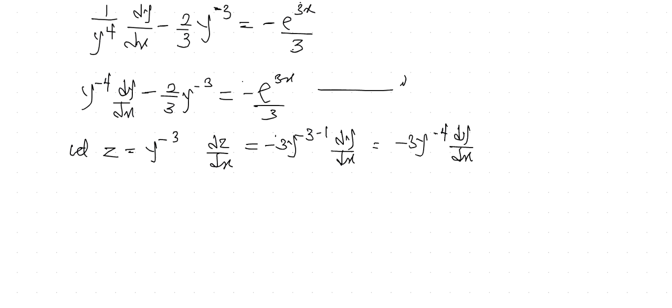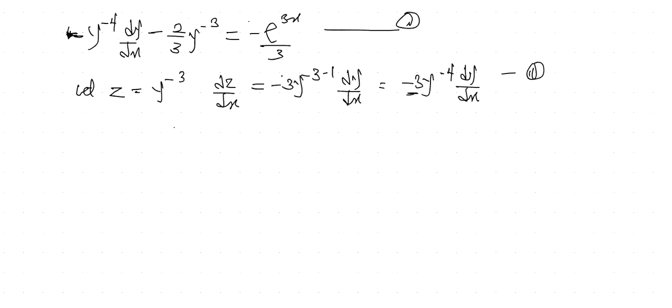If you compare equation 1 and equation 2, the only difference is the minus 3. So we need to have minus 3 as a coefficient of that y. What do we do? Multiply. So it's going to be minus 3 y raised to the power of minus 4 dy/dx, then plus 2 times 3 over 3 y raised to the power of minus 3, which is 3e raised to the power of 3x over 3.